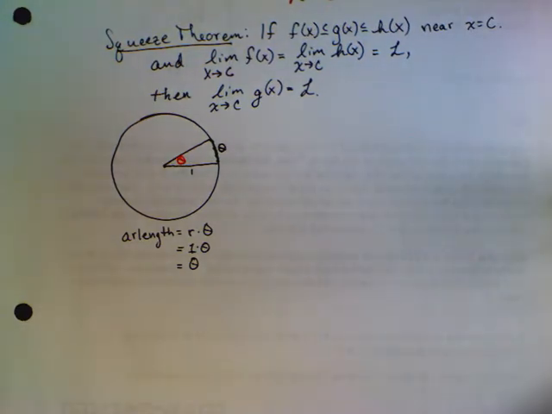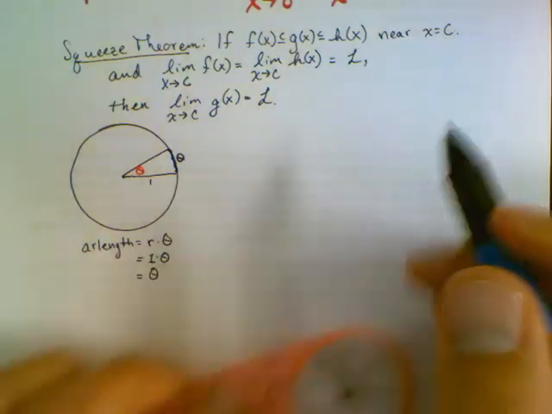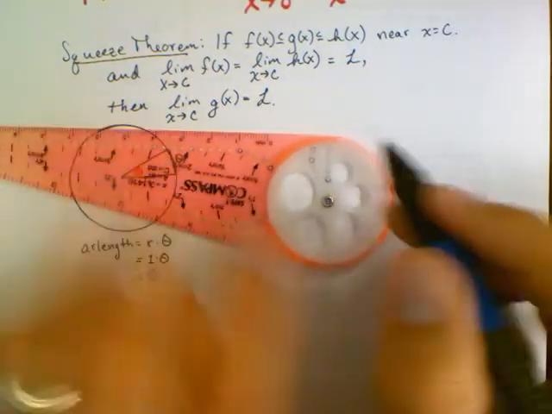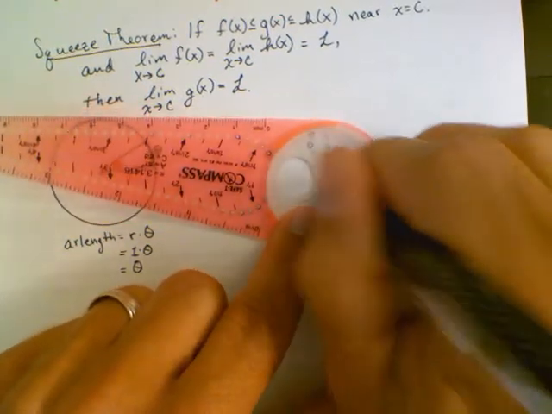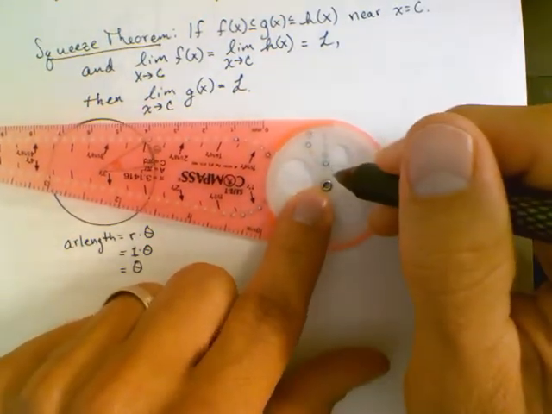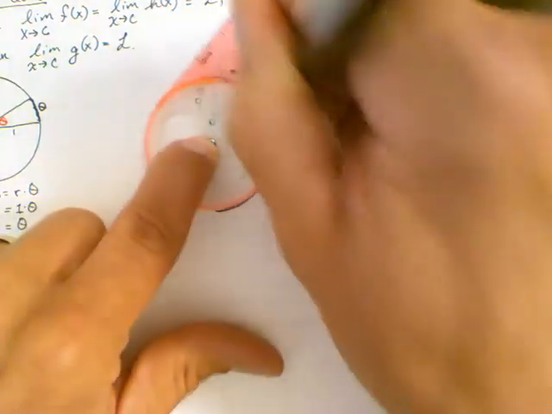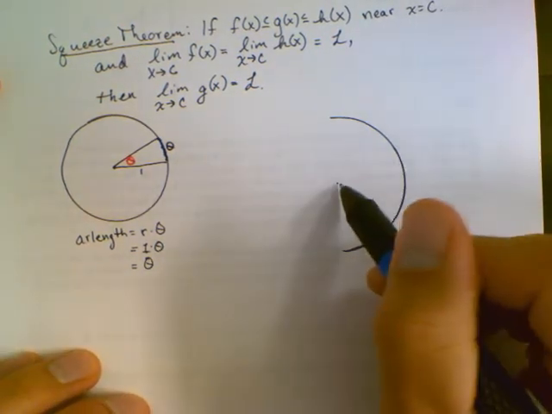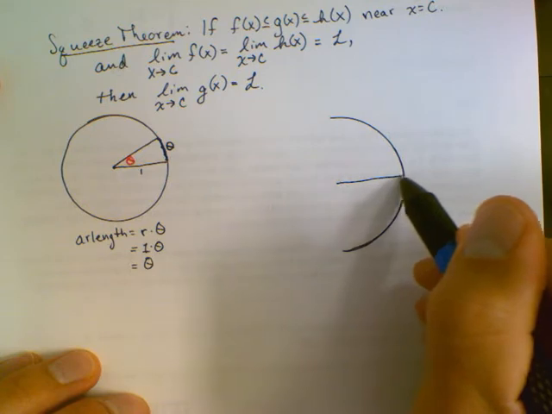Okay, another couple of things that you'll need to know, and I think maybe I should draw a larger circle for this one. And maybe I can just draw the right side of it, just so we can save a little bit of space here on the page. So we still have your radius of 1.